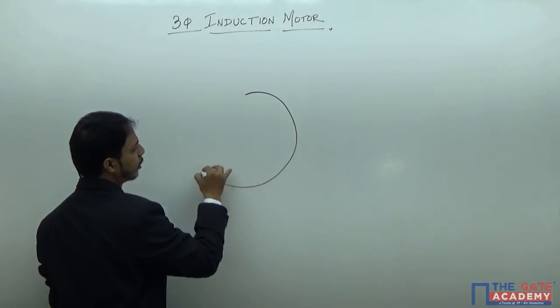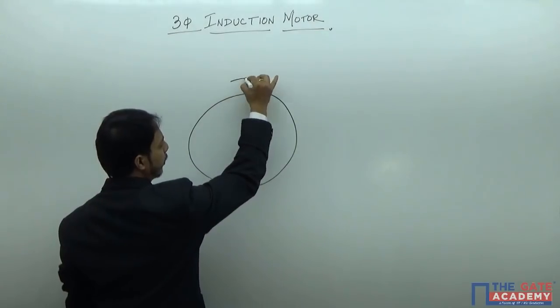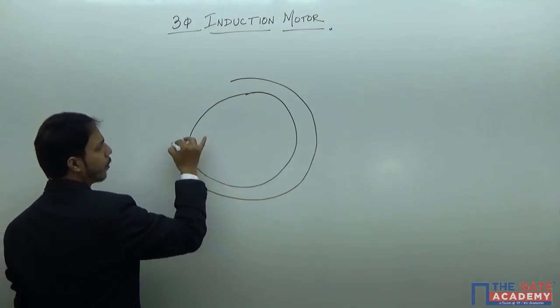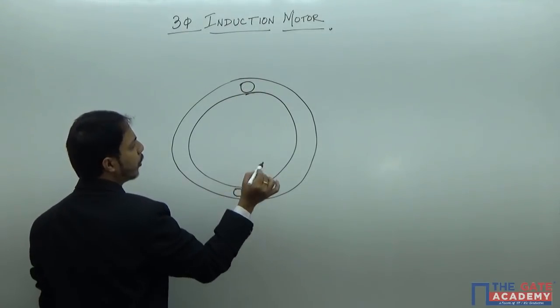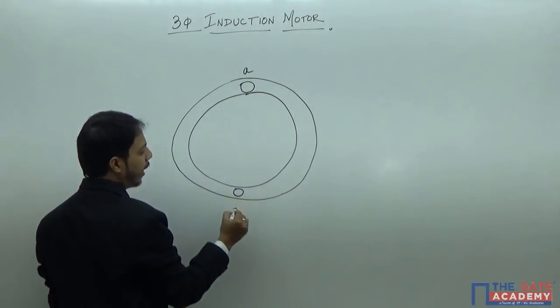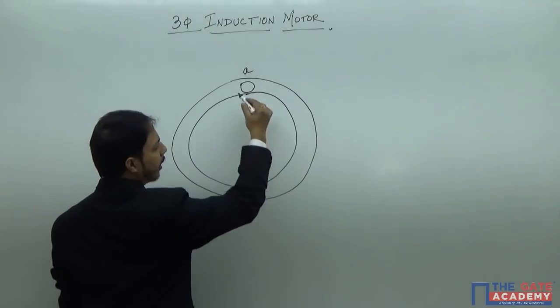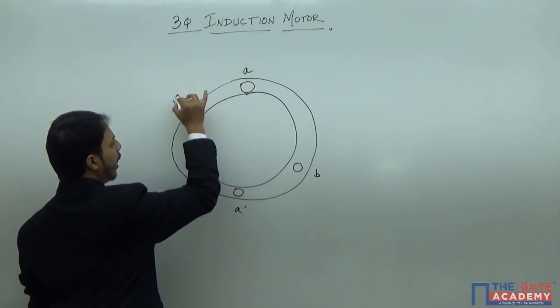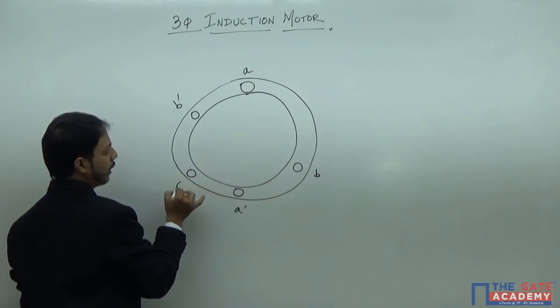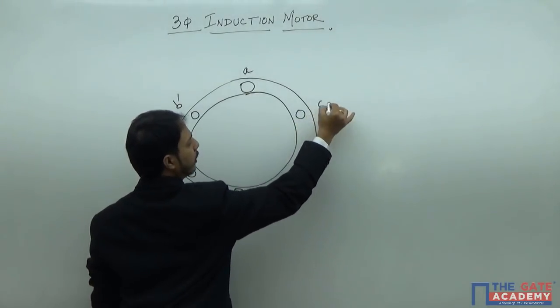Let us say this is my stator, and I have a three-phase winding here. Let us say this is A dash, then I have B dash, and then C dash.